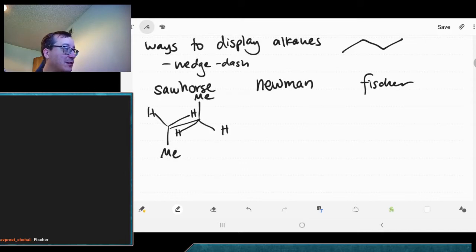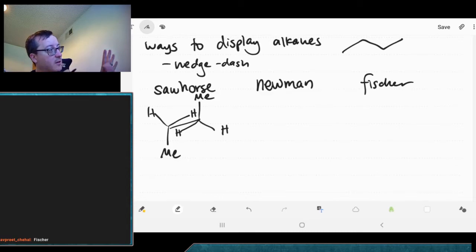A Sawhorse projection looks like this. I don't know where the word sawhorse comes from. I think it's a gymnastics thing, from what I may or may not remember. You essentially are looking along a bond, whichever bond you're looking at. We'll talk about how to convert between these later on. You're looking along a bond, and you're looking at it from the side.